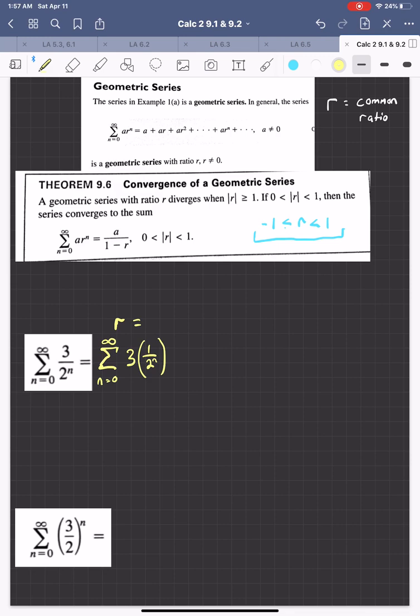But don't you know that if you have, let's say, a over b to the power of n, that's just a to the power of n over b to the power of n, right? We know that. But now, if in this case we had 1 over b to the power of n, then that would also be 1 to the power of n over b to the power of n.